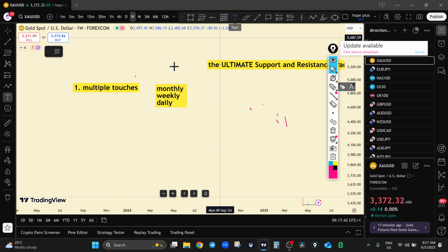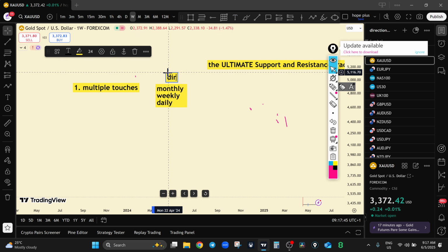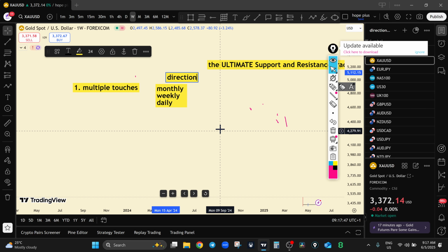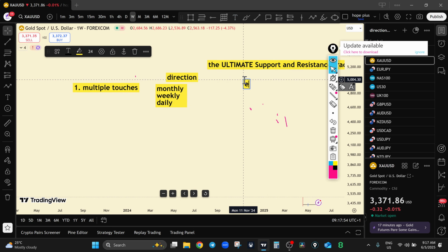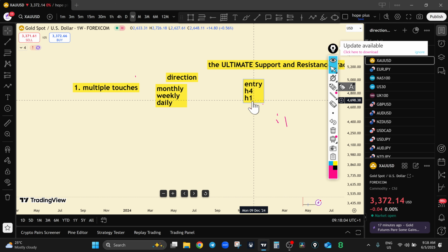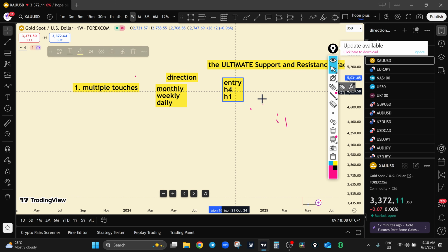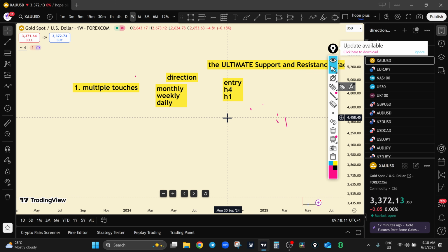This is used for direction. This higher time frame here, monthly, weekly, daily, are used for direction. Then your entries are the H4 and H1. Still use the opening price, narrow it down to the H4 and H1. I'm going to do more videos on that to explain. But this is simply a form of introductory. This is what you should be doing.